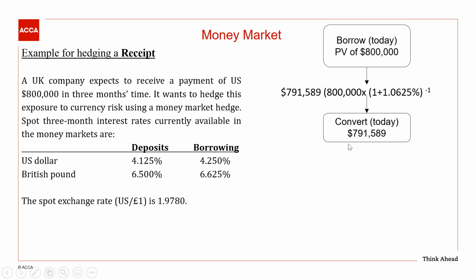So what do you think? How many pound sterling we will be getting in exchange of 791,589 US dollars using this rate? Then I'll also teach you a rule of how we should be converting. First, I want to test you people whether you can convert them correctly.